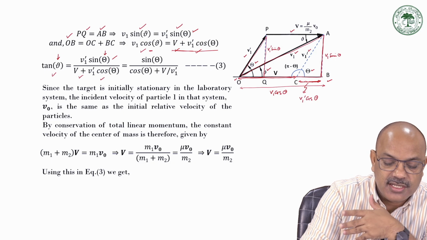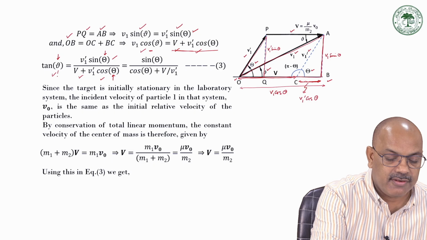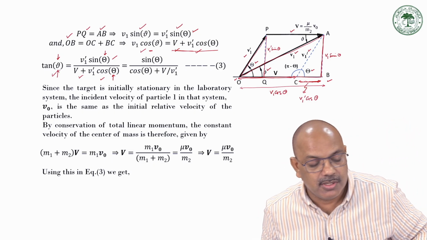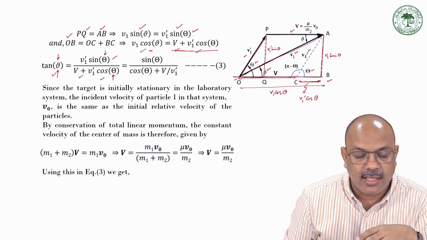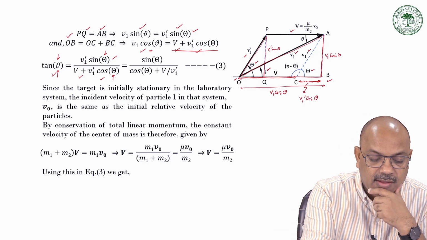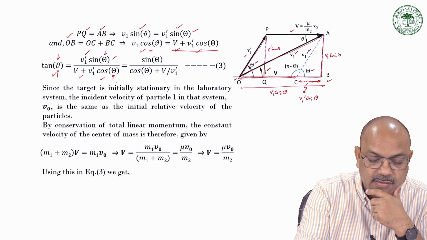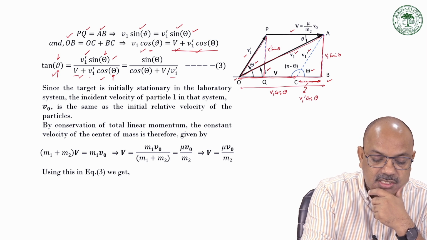So on the right hand side I have the angle which is in the center of mass frame, and on the left hand side I have an angle which is in the lab frame. So this is one relation between the center of mass scattering angle and the lab frame scattering angle. We can divide by V1 prime, and this cancels.